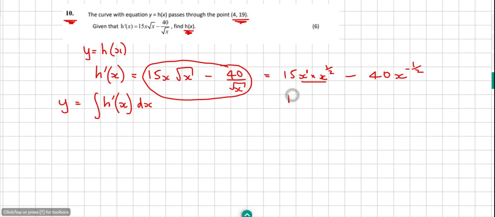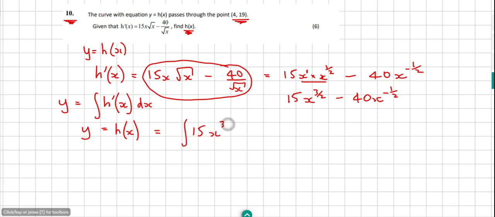So that would be 15x to the 3 over 2, and then minus 40x to the minus a half. So that's what we're going to integrate. So we're going to say that y, which is equal to h of x, is going to equal the integral of 15x to the 3 over 2 minus 40x to the minus half.